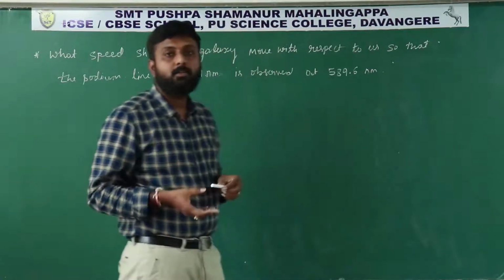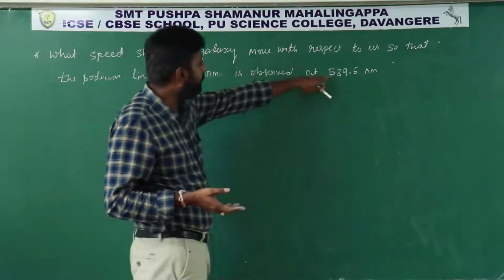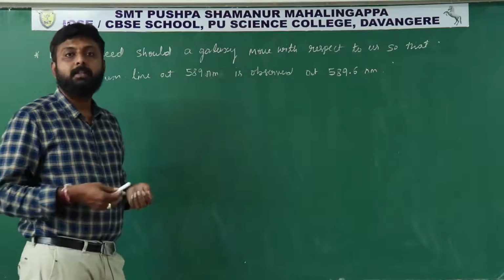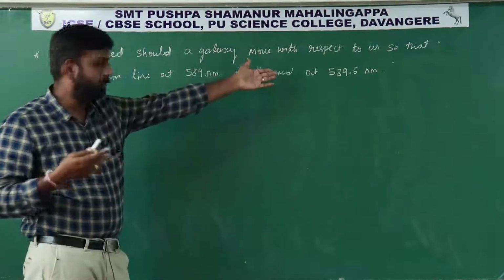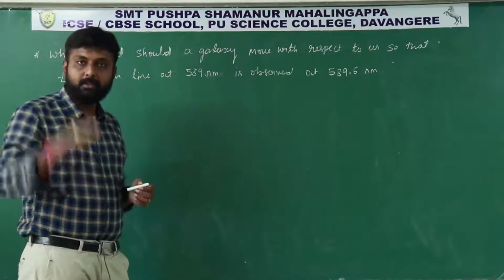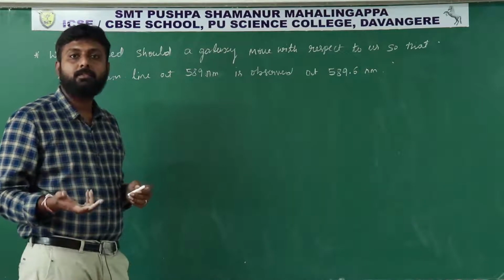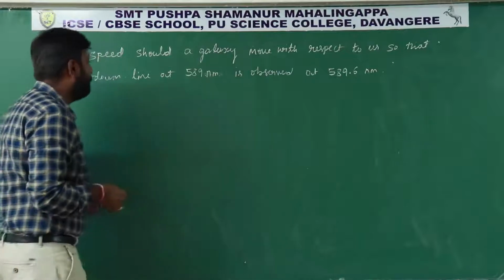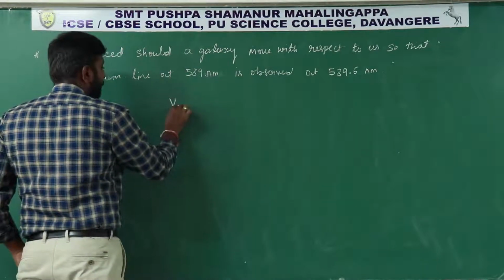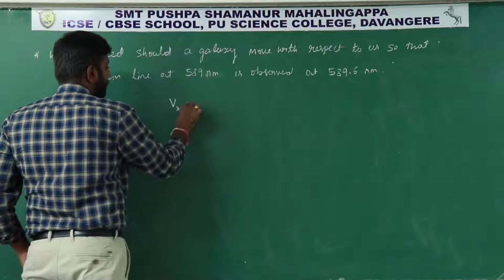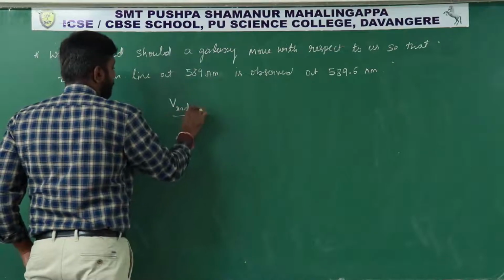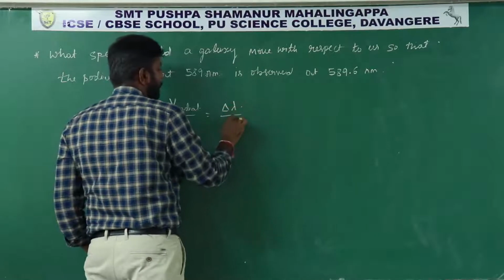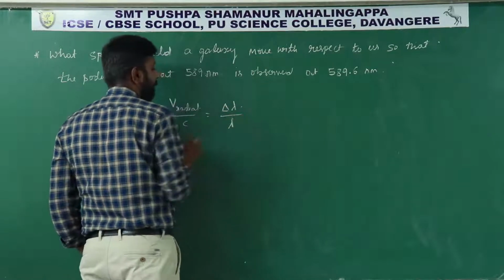nanometer. So to observe this wavelength, at what speed should that galaxy move? Definitely the wavelength has to increase, the frequency has to decrease, so definitely the source should move away from us, right? So what formula do we have? That is V radial by C is equal to change in wavelength by original wavelength.